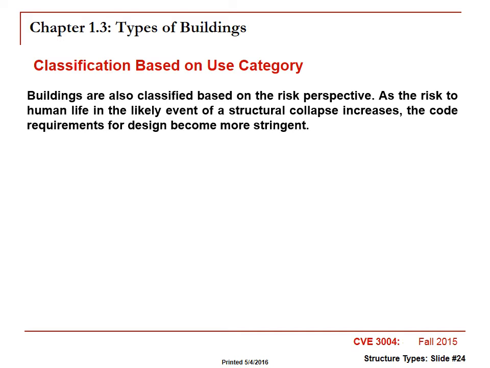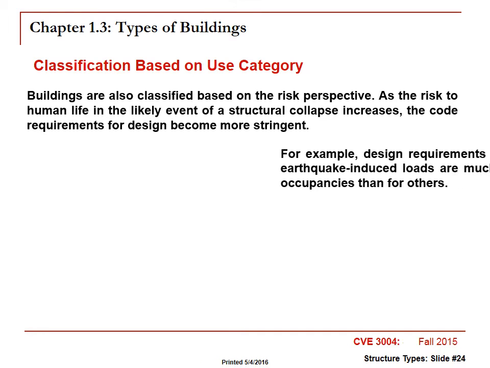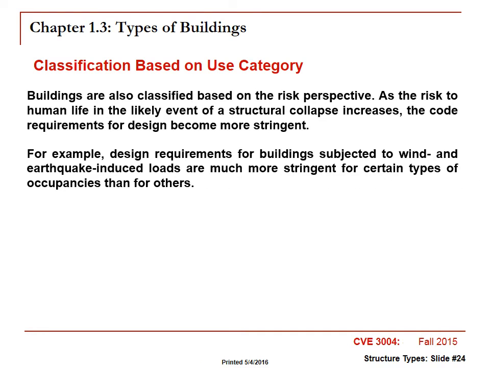For instance, if we have a structure, let's say a warehouse, where you have one person or two people going into it once a day, 5 days a week, the loads on that structure will be designed to be smaller than the loads on a hospital in the same region.